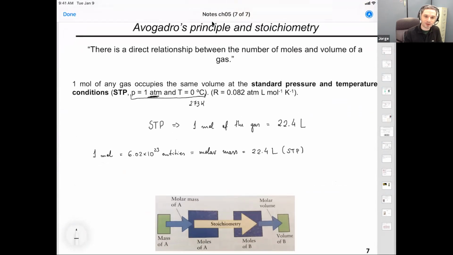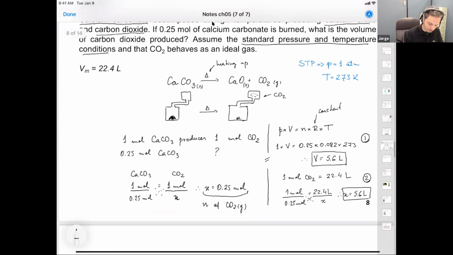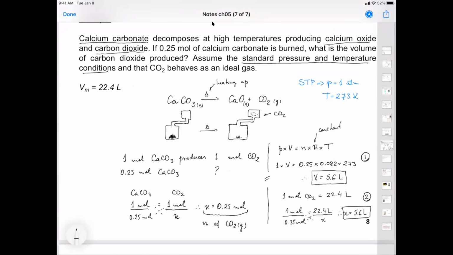So that is why I got 0.082 and plugged it into the equation. Does that answer your question? It does, yes. Thank you. Okay, no problem. If you have a constant in the equation, you can always go back to the book and plug in the value of the constant, okay?